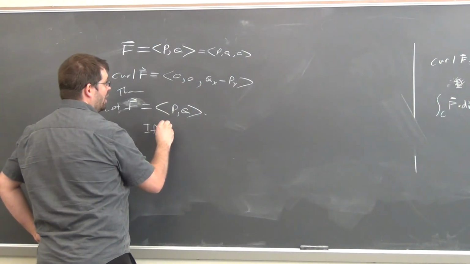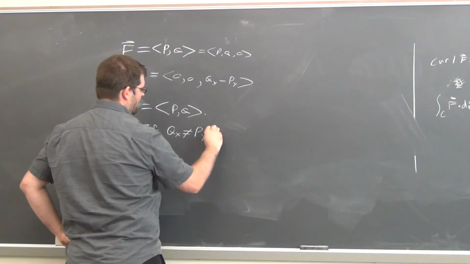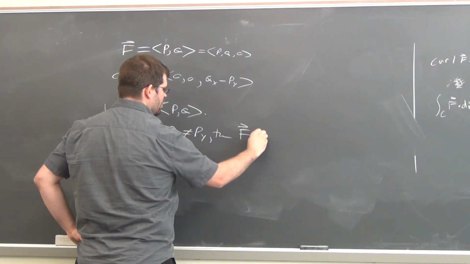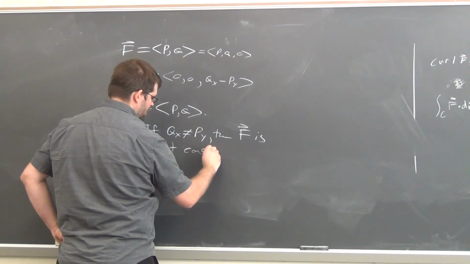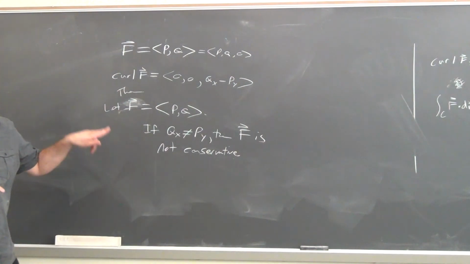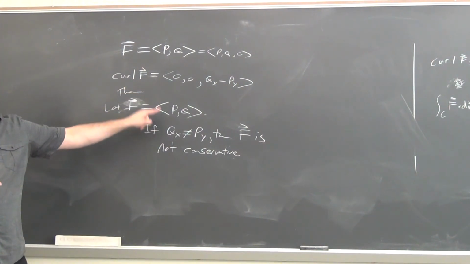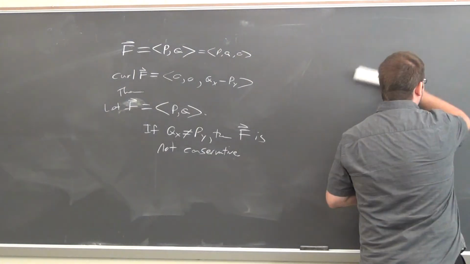If Q sub x is not P sub y, then f is not conservative. Okay, and again, it'll be the exact same thing. It is conservative if and only if that's true, but we'll wait till next time to say that definitively.